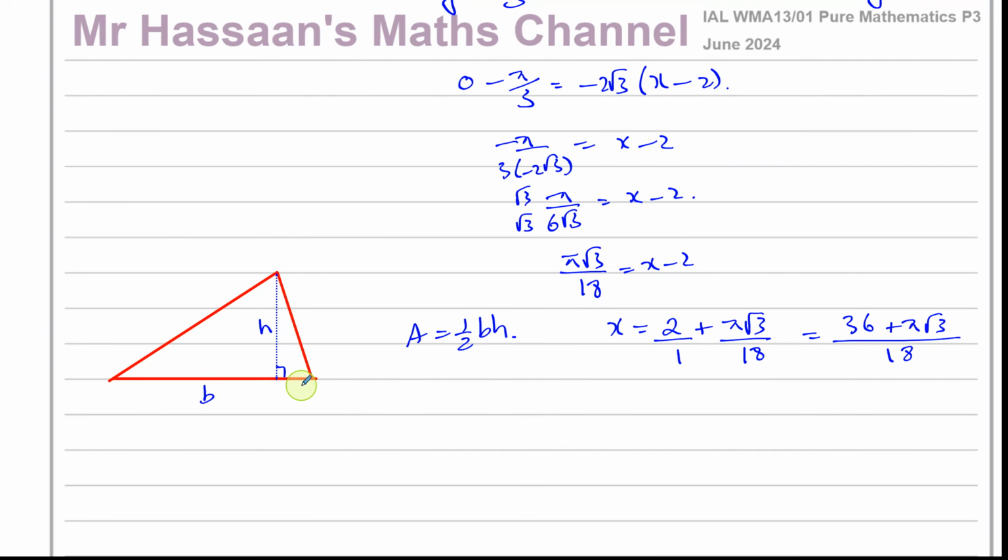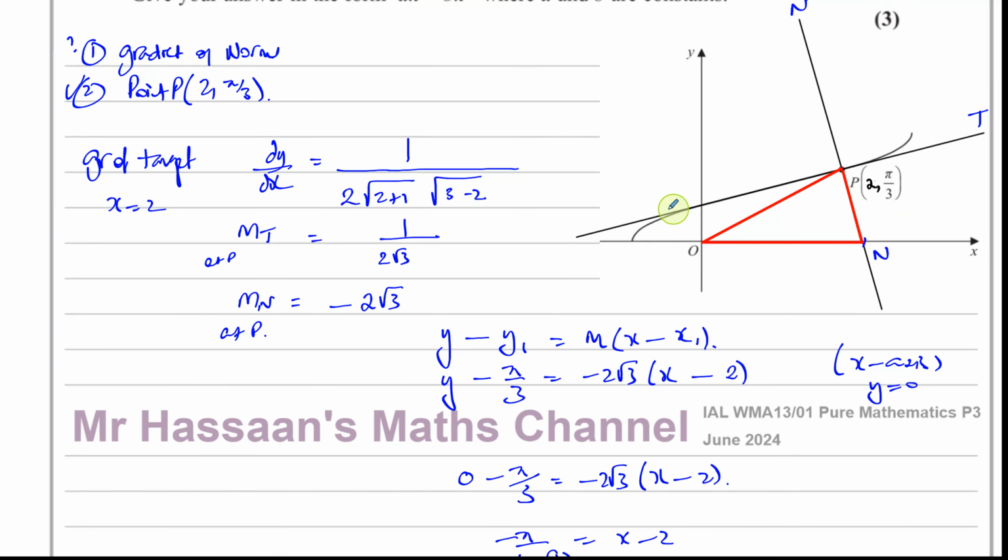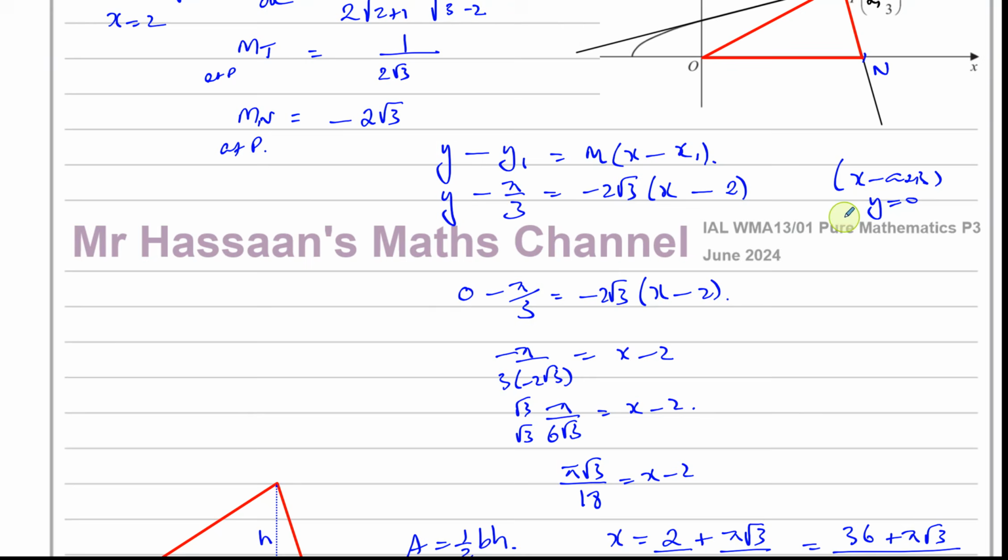So in this case, the base is from the origin O to N. So this is O, this is N, and that is 36 plus pi root 3 over 18. And the height of this is the y coordinate of P, which is pi over 3.